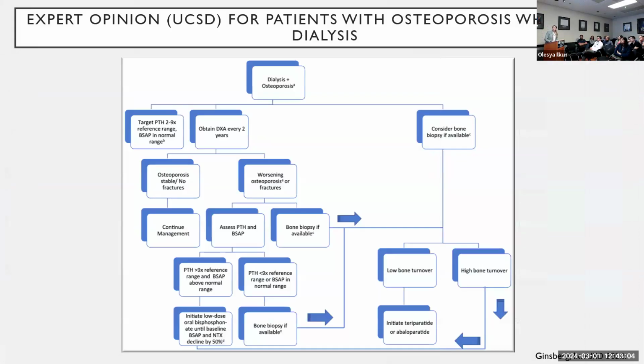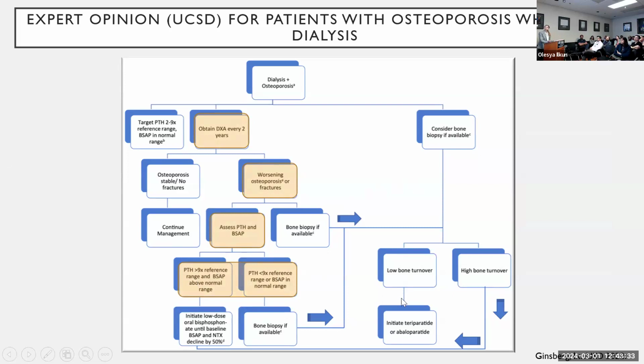All right, so this is the experience of Dr. X, who's a division chief at UC San Diego, and published this article. What they do, they get DEXA on their dialysis patients every 2 years. And if they see worsening osteoporosis or fractures, they look at PTH and BSAP. If those are conclusive, they go ahead and adjust management for PTH reference ranges.